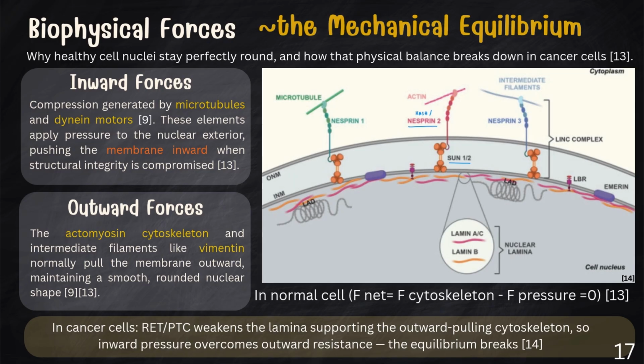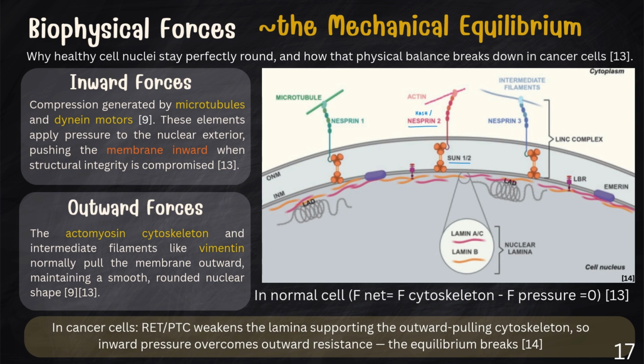The inward force is generated by microtubules and dynein motor, whereas the outward force is generated by actomyosin and vimentin. In a normal cell, these two forces have the same value, so they maintain the nucleus in shape.